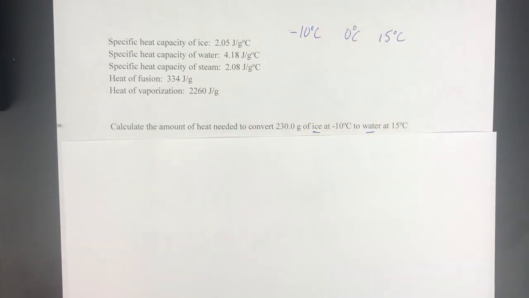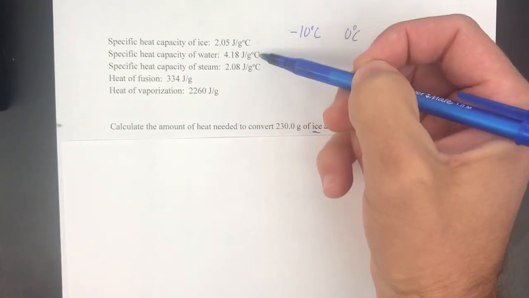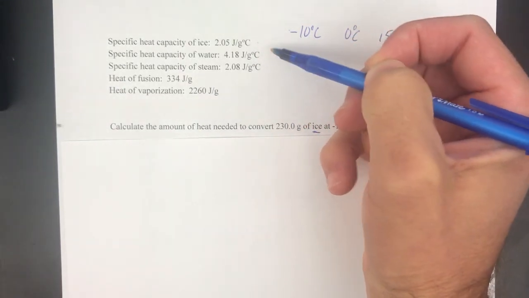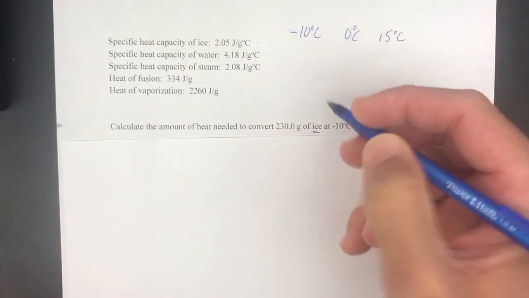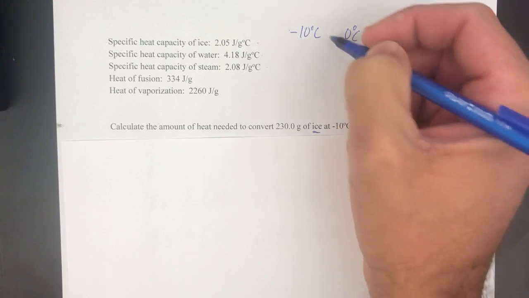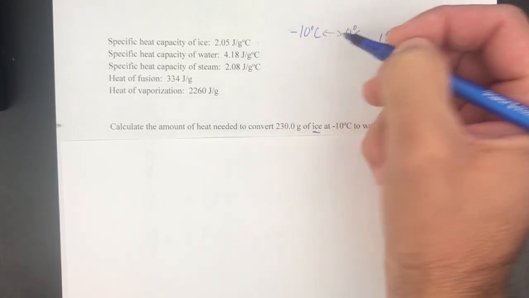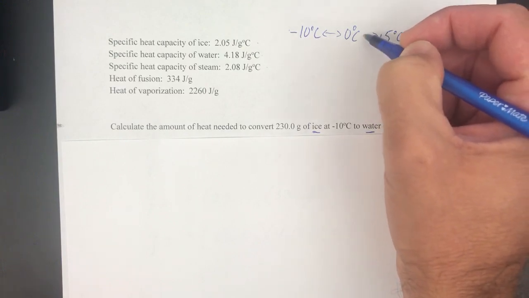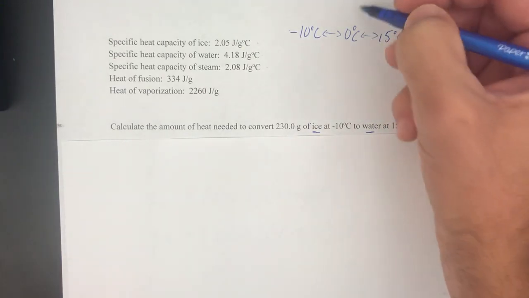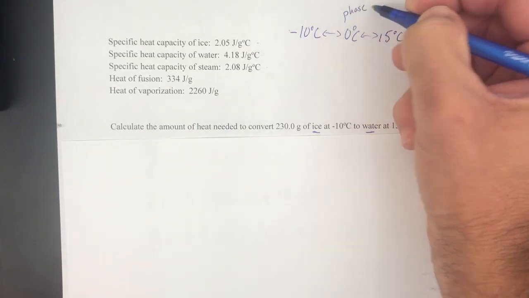When solving these problems, you need to make sure that you're using the appropriate specific heat capacity as well as the appropriate temperature change. So I'd like to work this out. We have a temperature change between negative 10 and 0 degrees Celsius, and a temperature change between 0 and 15 degrees Celsius, and at 0 degrees Celsius we have a phase change.